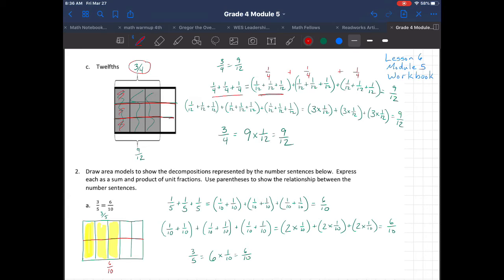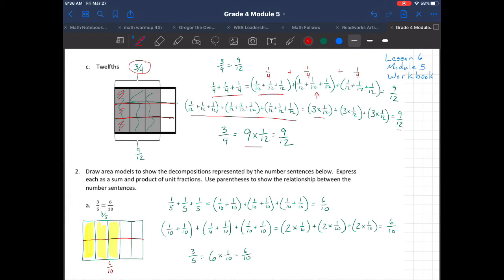And altogether that's 9/12, which is the same as 3/4. Then we have all those 1/12 again, written as multiplication sentences instead. Again, it's 9/12. And 3/4 is the same as 9 times a twelfth, which is 9/12.